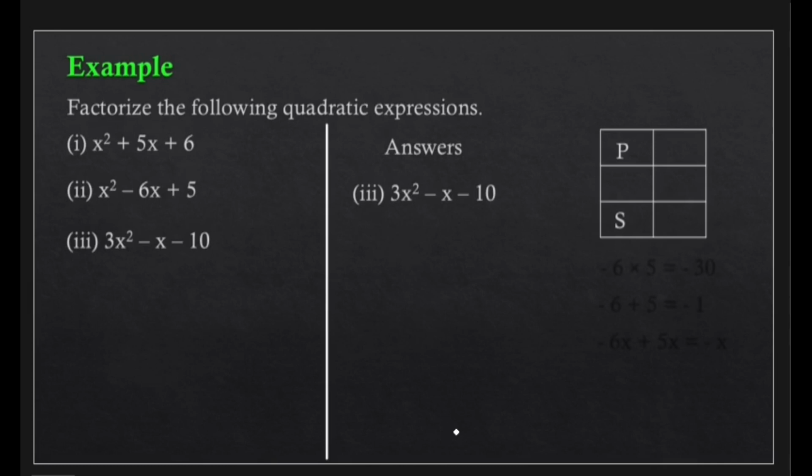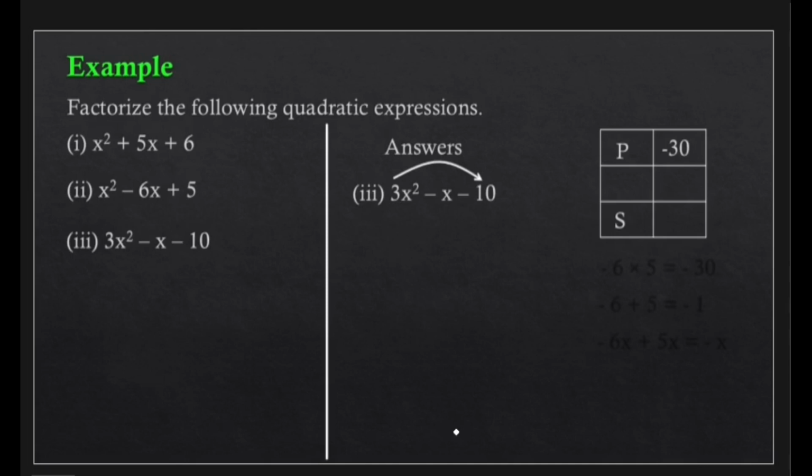The product is given by multiplying 3, the coefficient of x squared, with the last constant, which is negative 10. So 3 times negative 10 gives negative 30. So our product is negative 30 in the table.